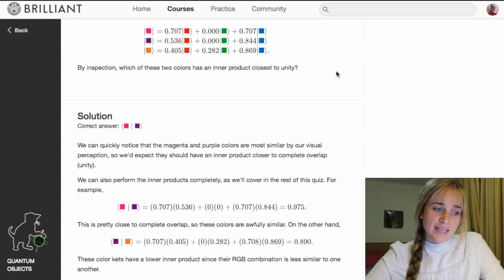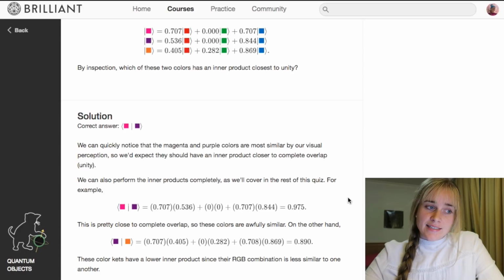Alright, so to find the inner product, what we're going to do is take the first element of the pink and the purple, that's how much red they have in them, and multiply those values together. So it's going to be 0.7 for the pink times 0.5 for the purple. Then we're going to add that value from the multiplication to the second element of both vectors multiplied together.